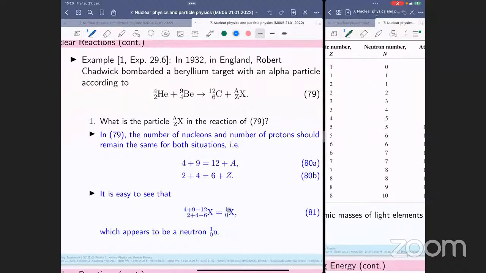So we could identify that the nucleon here is a neutron. So the result of this process by Robert Chadwick, actually he got the neutron particle. That's the way to find the particle from the reaction process. This was discovered in 1932 by Robert Chadwick.